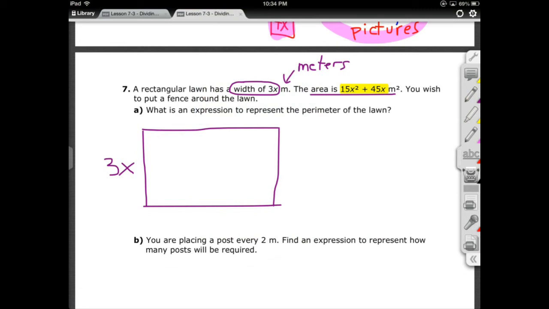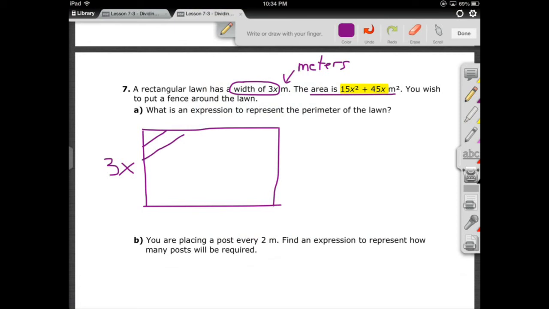Because length times width equals area. Let's write this information in the center. So your area, if you think of it this way here, I'll just sort of highlight it a little bit, is 15x squared plus 45x.